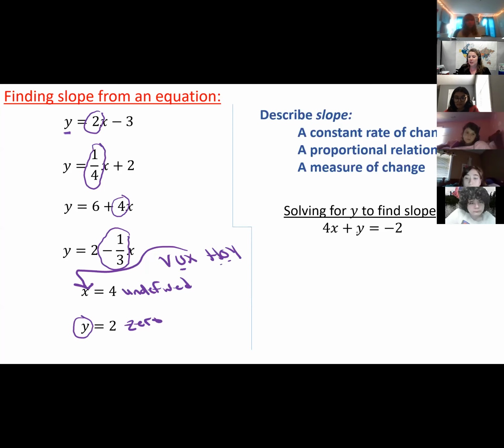In this situation, anytime we're talking about slope, we are wanting to solve for y, okay? We want y by itself. That means I want to get rid of this positive term, the whole thing. I don't want to break it apart. I just want to move the whole term to the other side. So how do I cancel out a positive term, any positive term? What do I do?